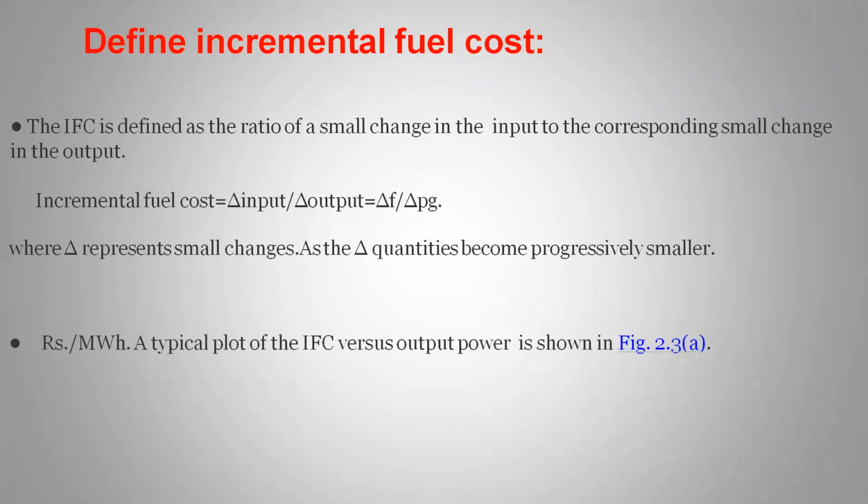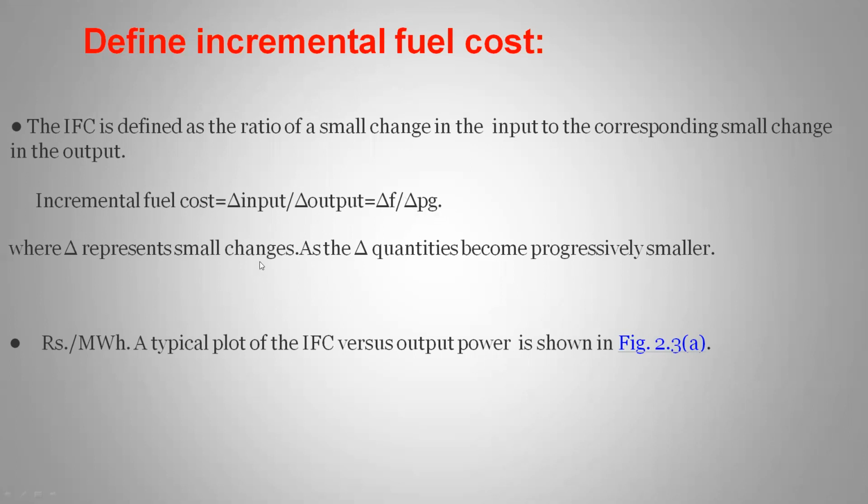Next, define incremental fuel cost. The incremental fuel cost is defined as the ratio of small changes in the input to the corresponding small changes in the output. What is the input? Fuel. What is the output? Power generation. Small changes in the fuel by small changes in the power generation.